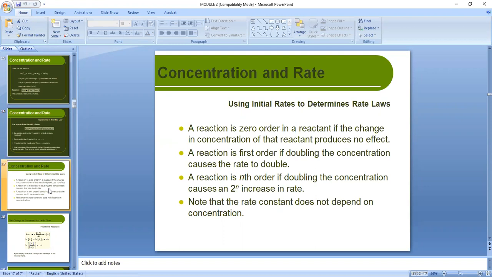Now, a reaction in general is nth order if doubling the concentration causes a 2 raised to n increase in the rate. So nth order could be any integer, positive or negative.